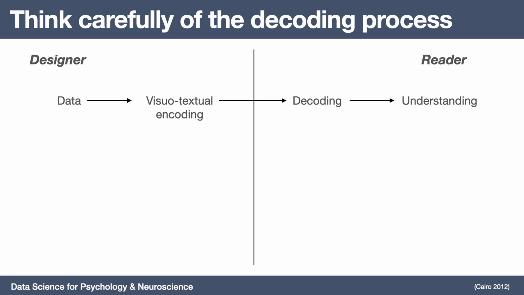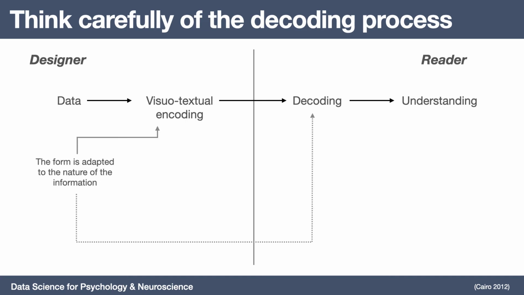So you want to be able to target how to design this process so that there is this efficiency in how you transmit your visual textual encoding of your data to your reader so that the understanding just naturally pops out. So the encoding process itself is adapted to the nature of the information you're trying to convey.